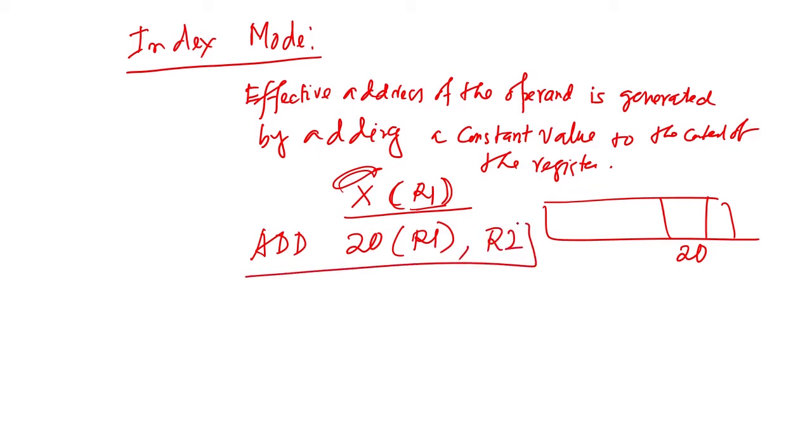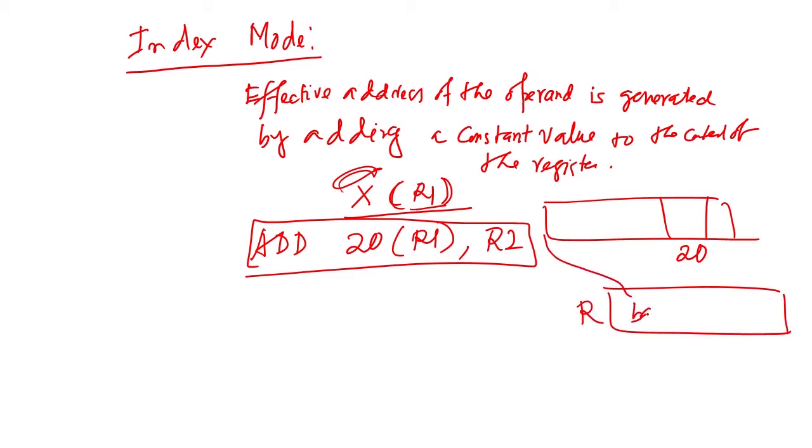So, this is one instruction. Whatever the content of R1, R1 is basically holding the base address. You add the base address with 20, and you will get the location here. So, this is something called index mode.